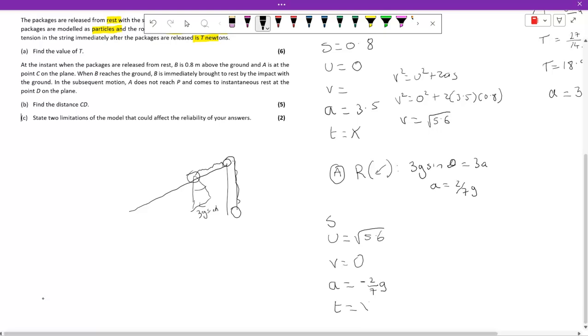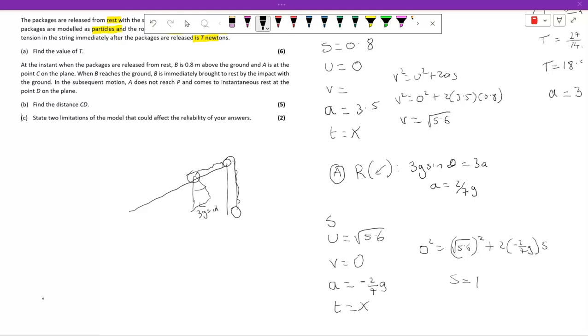And again, I'm not interested in the time for this question. So I can do V squared equals U squared plus 2AS again. And if I rearrange all of that, I should get S as equal to 1.